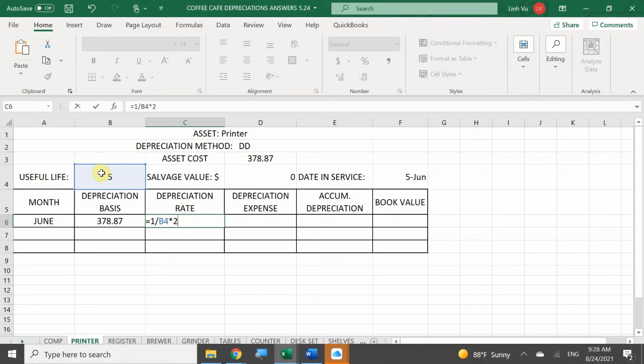Is it just 5%? Not 5%. You have a 2 there. So is it 10%? Did you double it? Well, in this case, I have to double it because it's double declining.